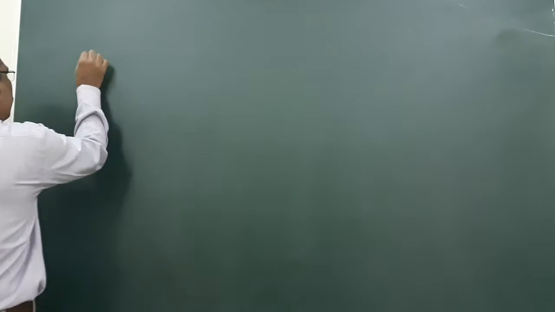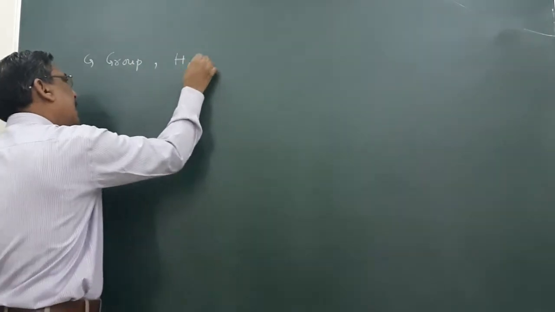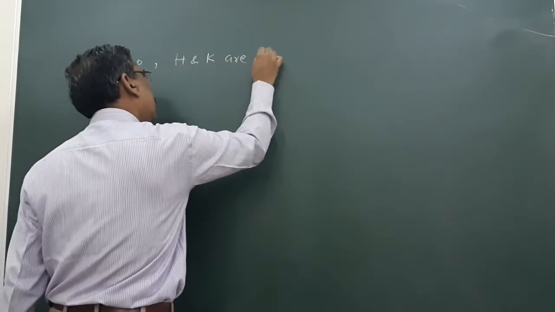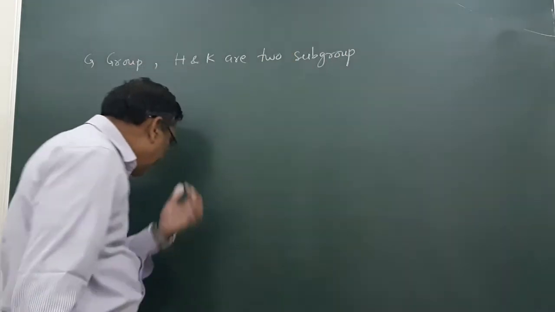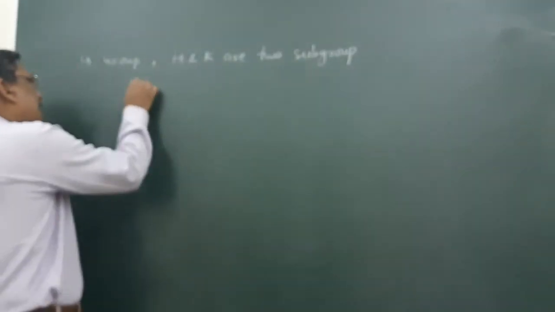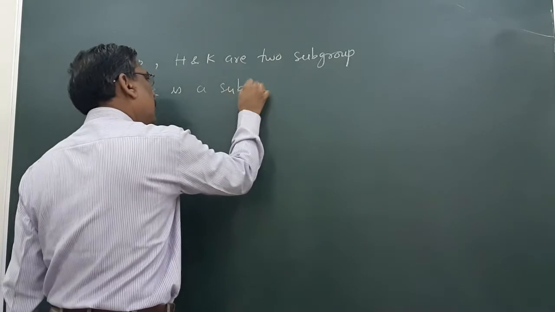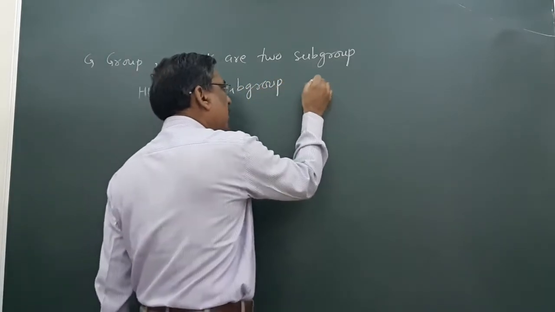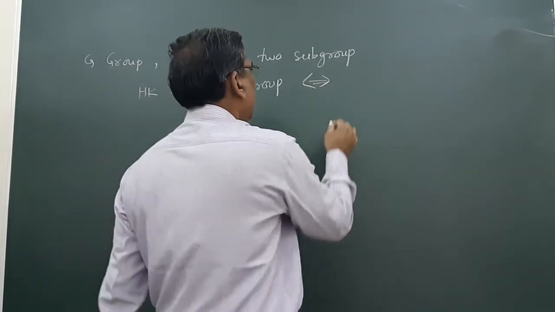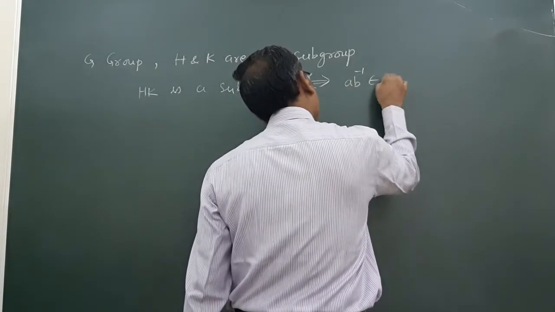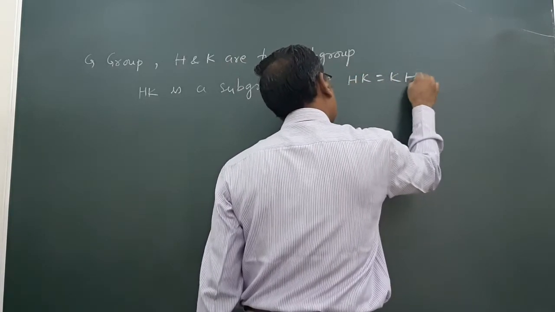That is, if G is a group, and H and K are two subgroups, then HK is a subgroup if and only if HK is equal to KH. This is the theorem.